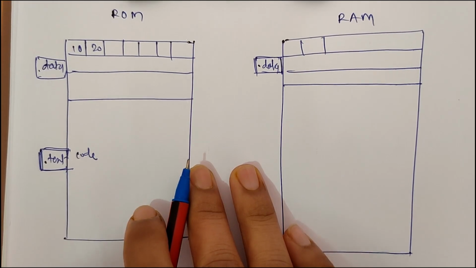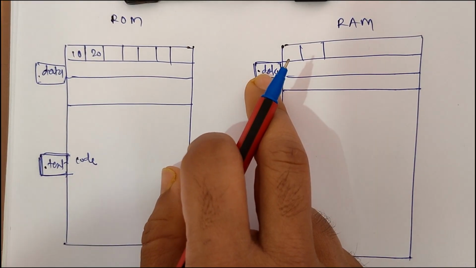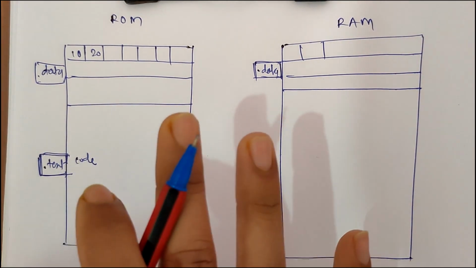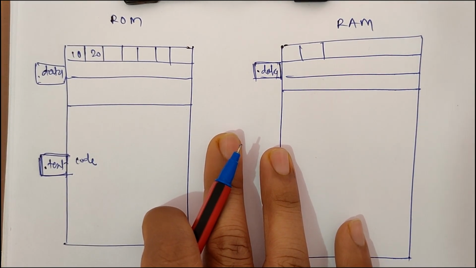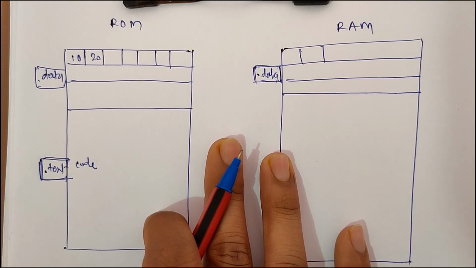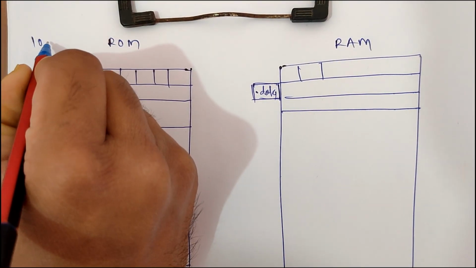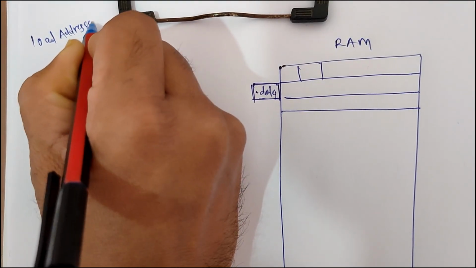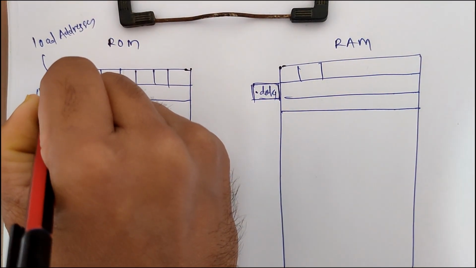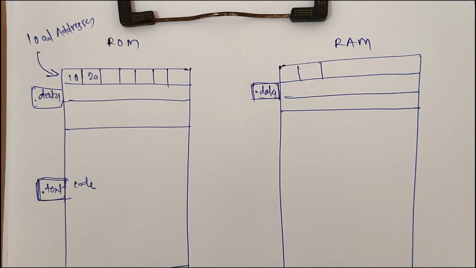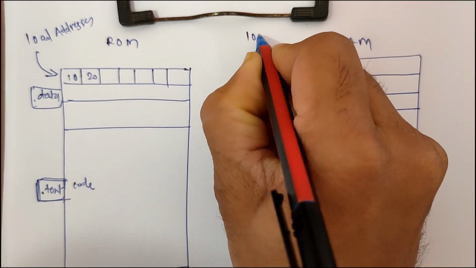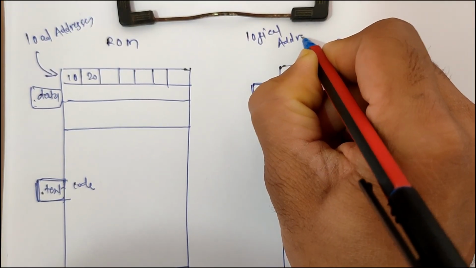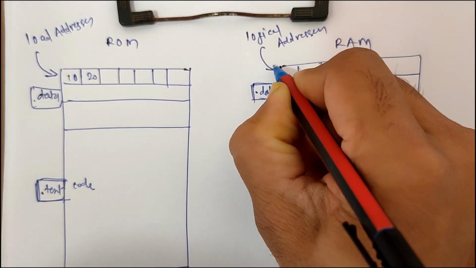So you know that the data section is placed in both ROM and RAM. Now concentrate on what I am saying. The load addresses are generated for ROM, and logical addresses are generated for the RAM section.